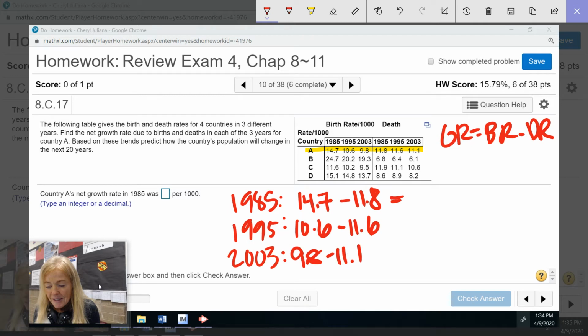Now I'm going to place those all in my calculator really quickly, and I better check to make sure everything's right.